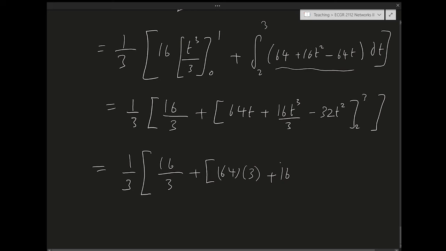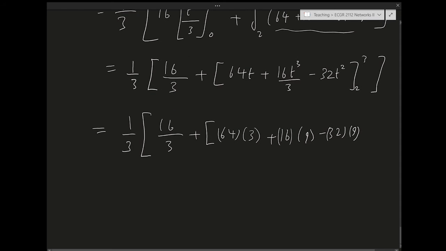3 cubed is what? 3 cubed over 3 is just 3 squared. 3 squared is 9. So it's going to be 16 times 9 minus 32 times 9. Right? I plugged in the 3, and now I need to plug in the 2.